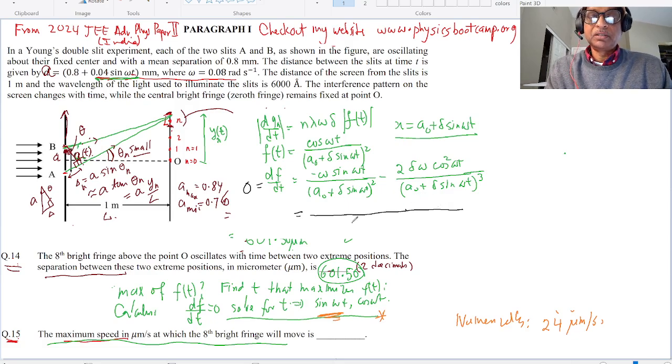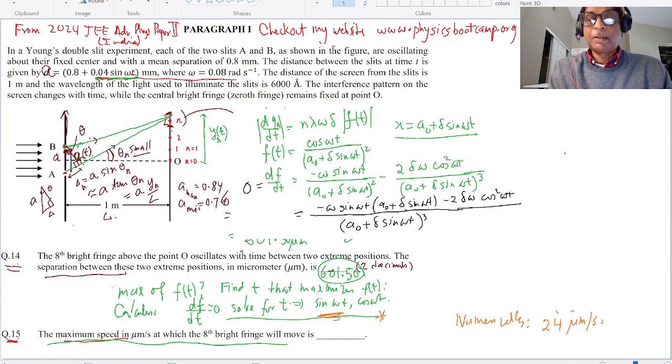So over here you can set a0 plus delta sine omega t cubed, and then you're going to get minus omega sine omega t, and this a0 plus delta sine omega t minus 2 delta omega cosine square omega t. So the numerator has to be 0.